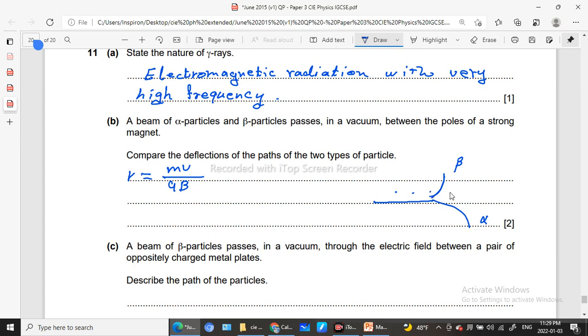perpendicular to the page and perpendicular to the direction of motion. These dots mean that the magnetic field flux is perpendicular to the page and out of the page.